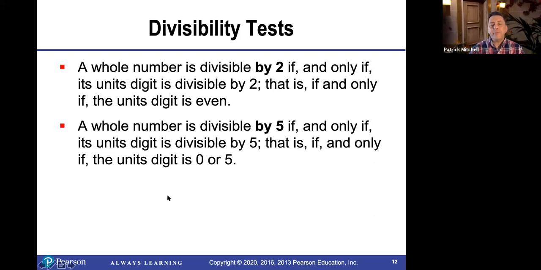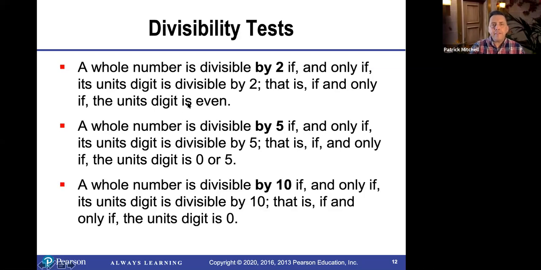A whole number is divisible by 5 if and only if its units digit is divisible by 5, which means its units digit is 0 or 5. So if a number ends in a 0 or a 5, I don't care if it has 68 digits, that number is divisible by 5.